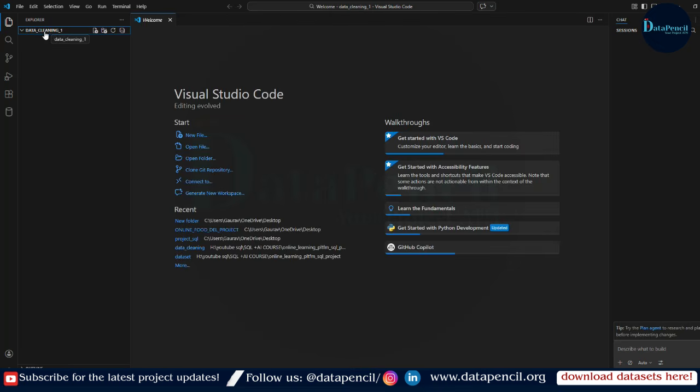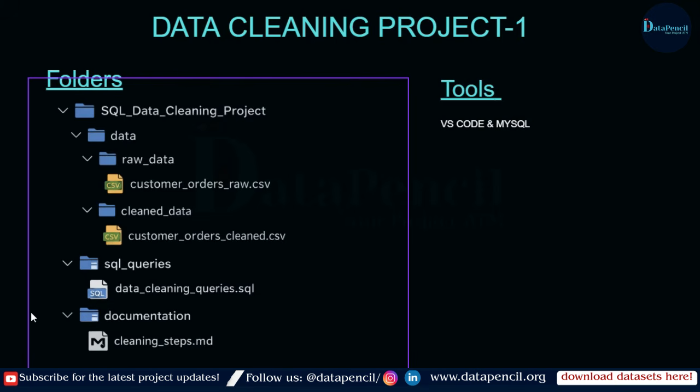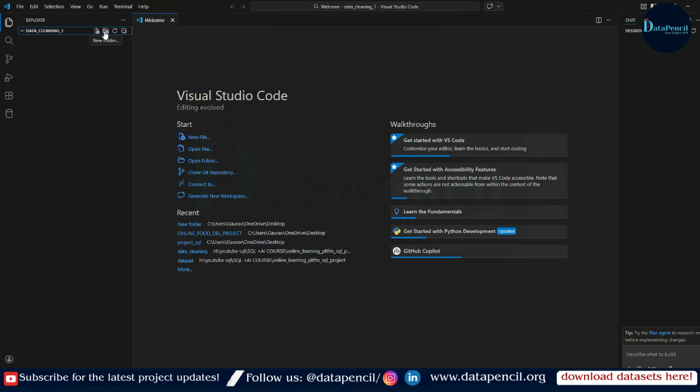Now just click on this data cleaning folder. After clicking on it, we will create the data folder, the SQL queries folder and the documentation folder. So here you can see new folder. Make it the data folder, then create the SQL queries folder.